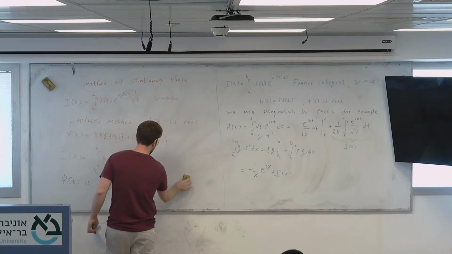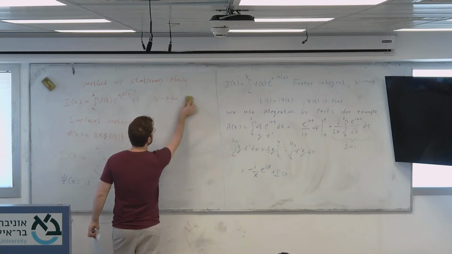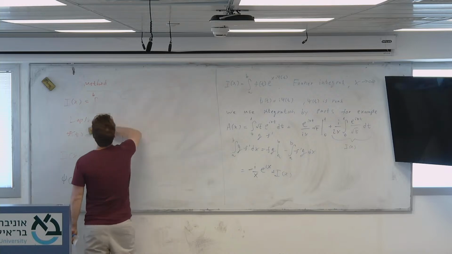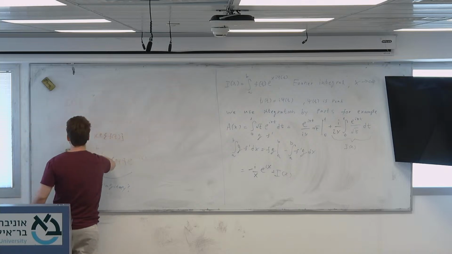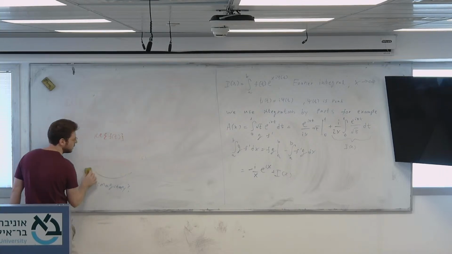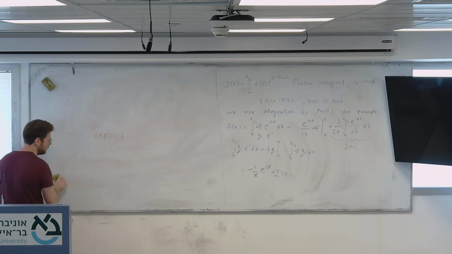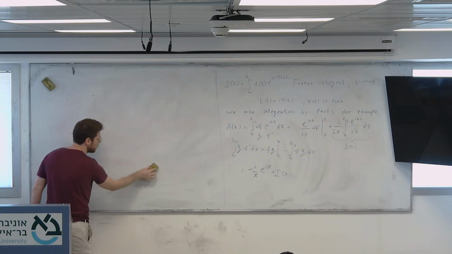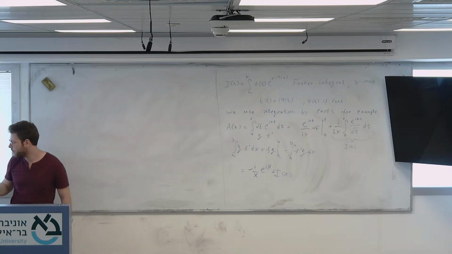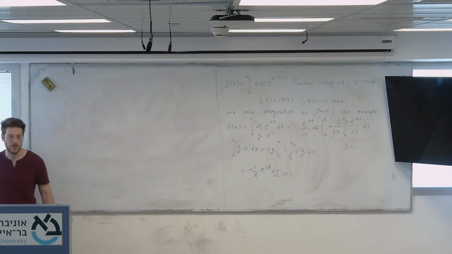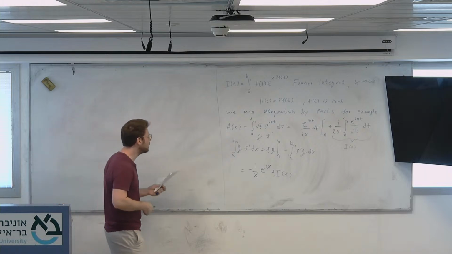And the idea of how we solve it is used to prove why stationary phase is correct. The proof for the stationary phase method uses this as well. So that's why I thought this would be a good idea.